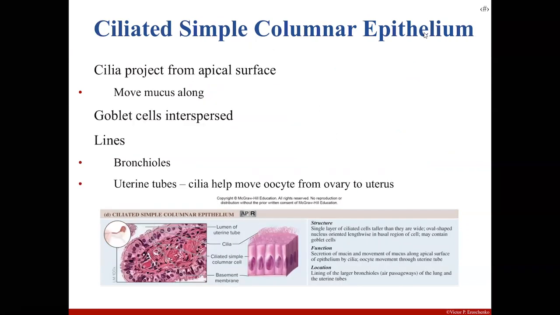Okay, now if they have cilia, that means they have the cilia on the surface so they can sweep. Okay, so these are found in our respiratory tract and in the uterine tubes. So in the respiratory tract, they're going to sweep anything that gets trapped in there up so you can swallow it and get rid of it. But they're also in the uterine tube, so they're going to move the egg.